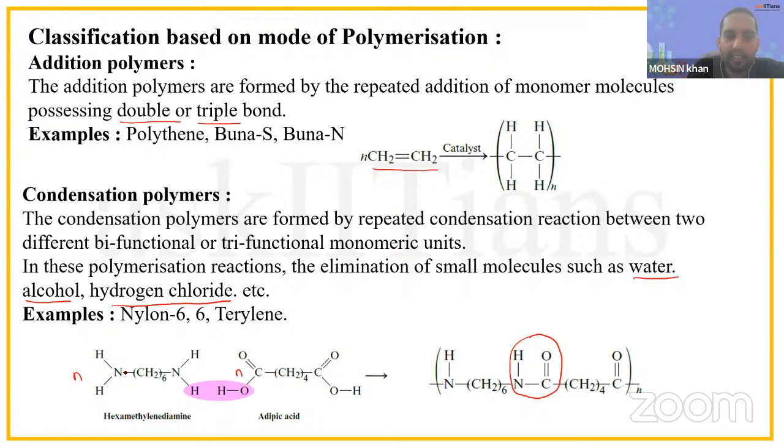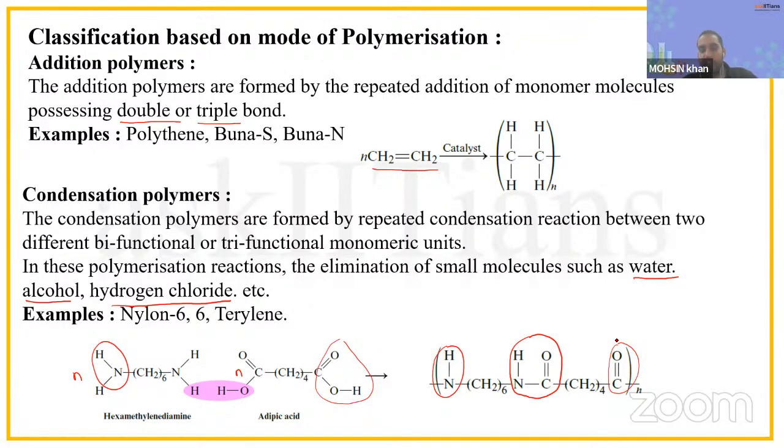Now, as hexamethylene diamine also has an NH2 group at the terminal, from this end we again have polymerization, and in a similar way adipic acid has a COOH group at the terminal position, so we will get condensation from here as well. This is the simple representation of a polymer. By showing only 2 units, we can represent a polymer. We don't need to write the whole structure of the polymer.